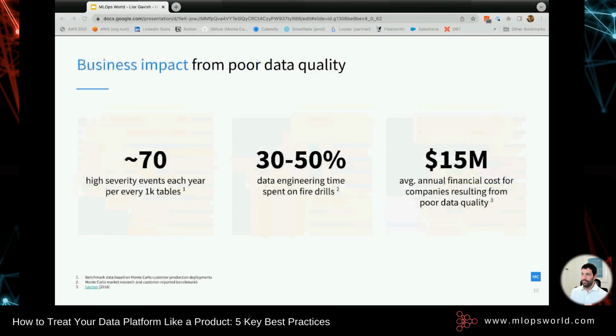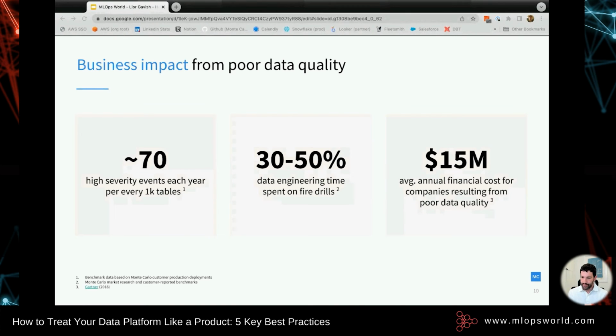Before we dive into details, I just want to highlight that data downtime actually has material business consequences, right? You're using data to guide your product decisions. You're using data to guide your marketing decisions. You're using data to train machine learning models that perform critical functions in your product, and you're using data to run business processes.